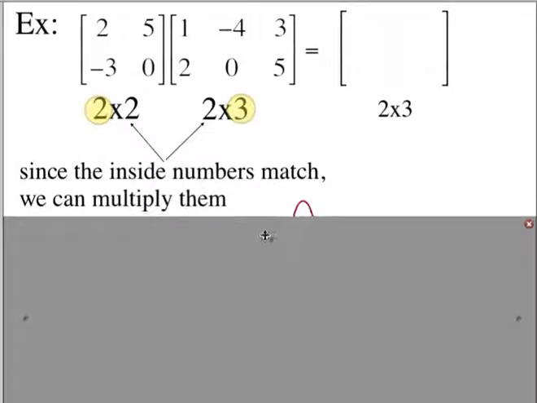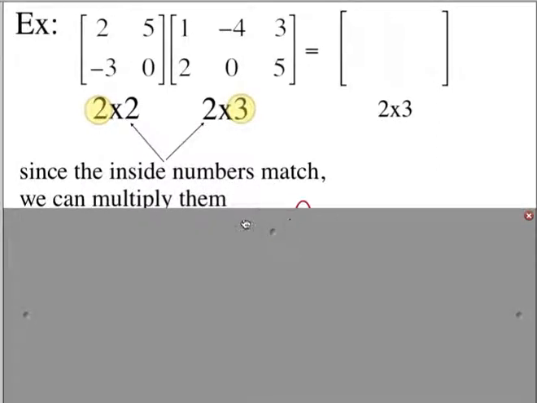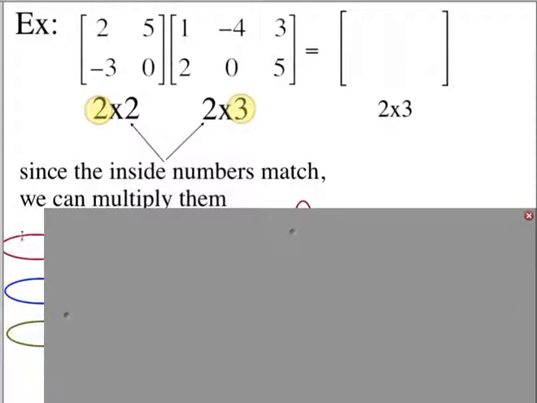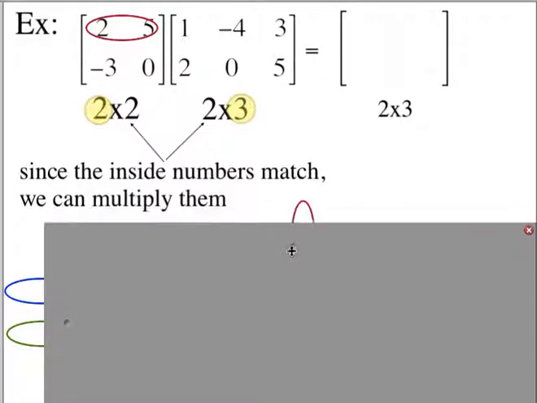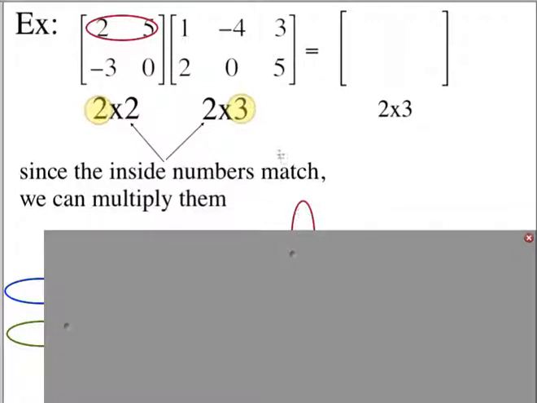Okay, since we can multiply them, the first thing I am going to do is grab this little oval. I am going to circle the first row of the first matrix, and then circle the first column of the second matrix.